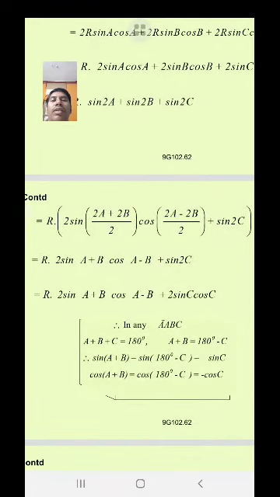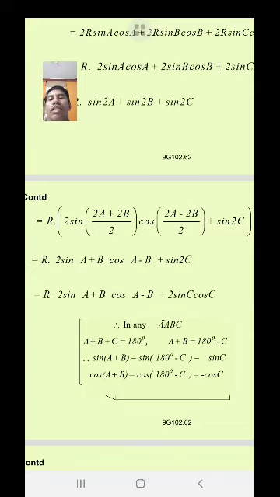Next, that equals R of, see the first two terms, it is in the form of sin C plus sin D, so we apply 2 sin of (C plus D) by 2 into cos of (C minus D) by 2. So in place of C write 2A and D with 2B, plus sin 2C.